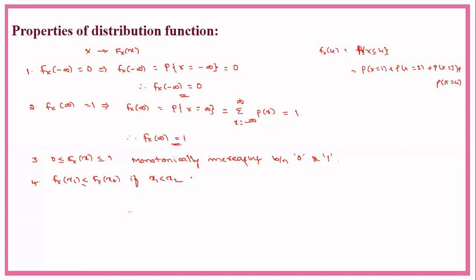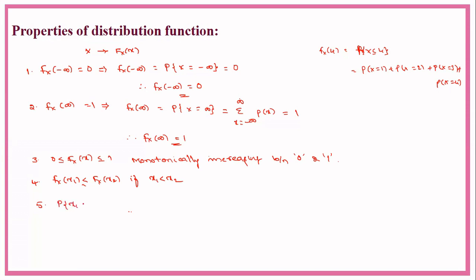When you take x1 less than x2, for x1 you take Fx of x1, and for x2, Fx of x2. From the definition of the probability distribution function, x2 is the larger value. So automatically, x1 less than x2 means Fx of x1 is less than or equal to Fx of x2.